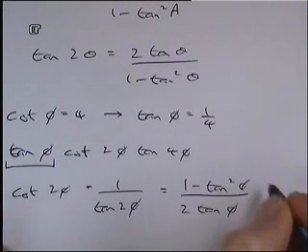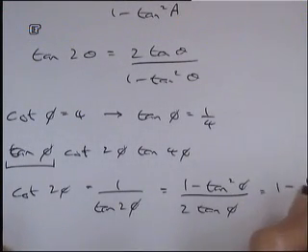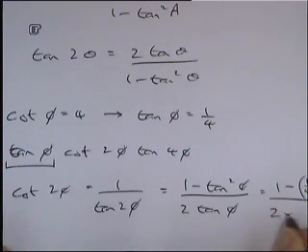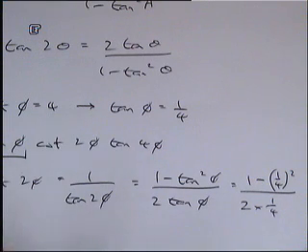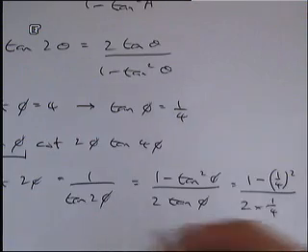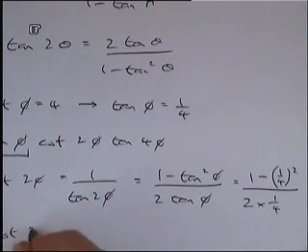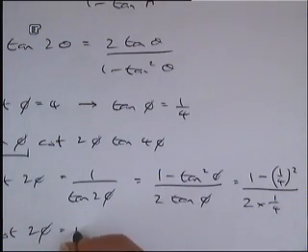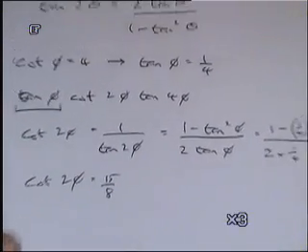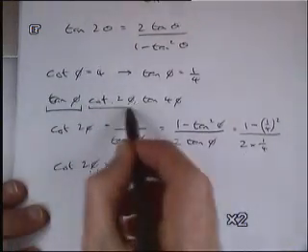And I know that tan phi is a quarter, so it's 1 minus a quarter squared divided by 2 times a quarter. If you plug that into a calculator, you get 15 over 8. So cot of 2 phi is 15 over 8. So we've got that bit.